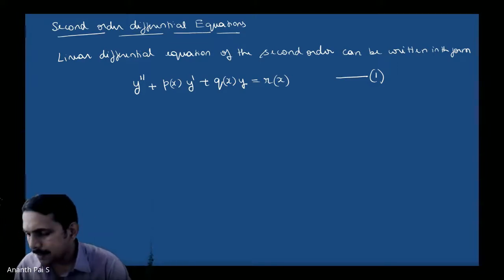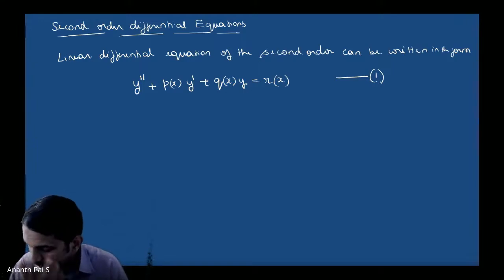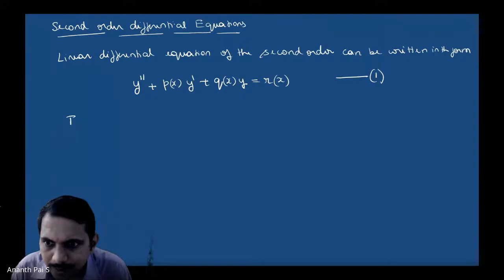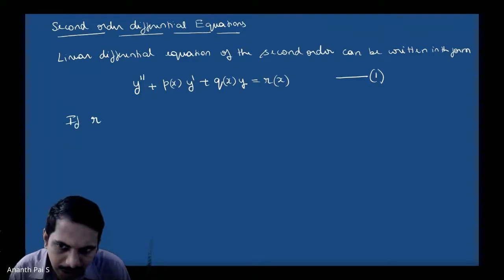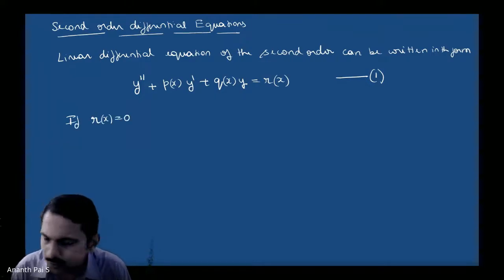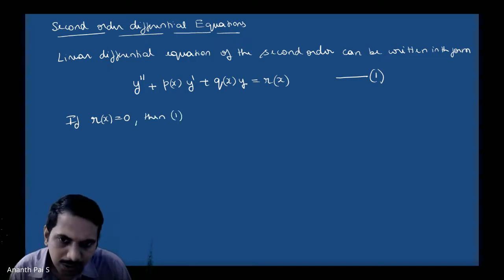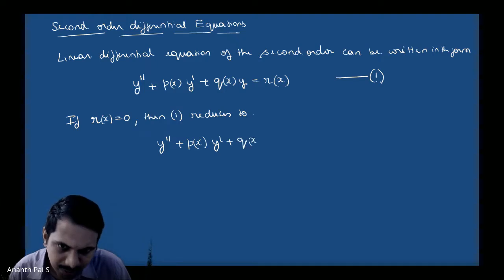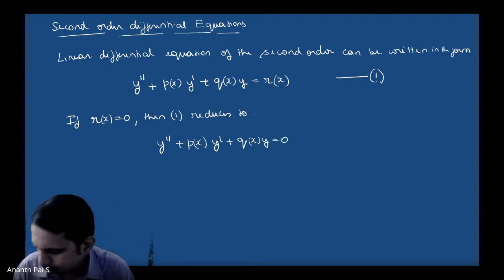Now here, if r of x is equal to 0, then equation 1 reduces to y double dash plus p of x y dash plus q of x into y is equal to 0.